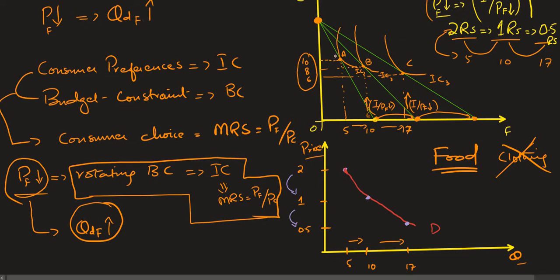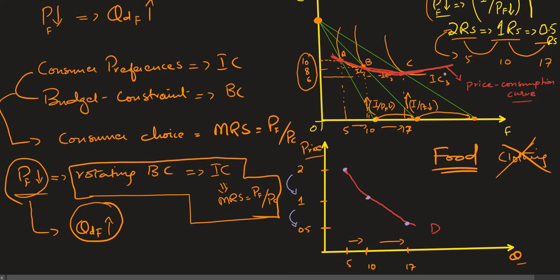Another thing you want to understand is that these were some of the points on the budget which we have discussed earlier. These were different IC curves which were becoming tangent on the different budget constraints. So if we join these points as well, the curve is known as the price consumption curve.